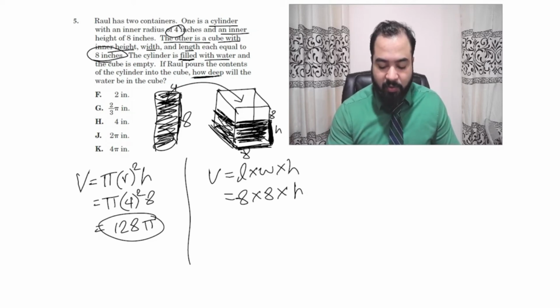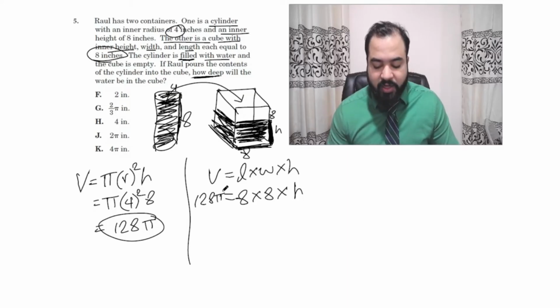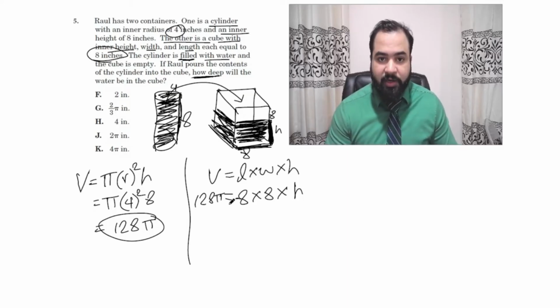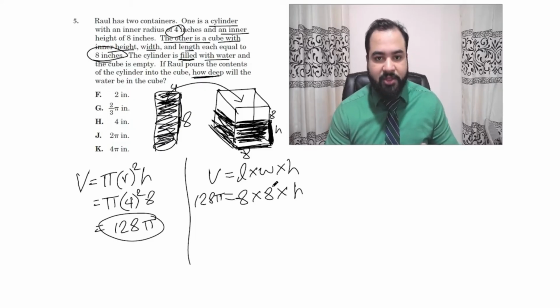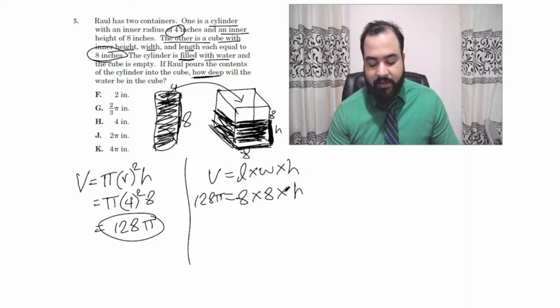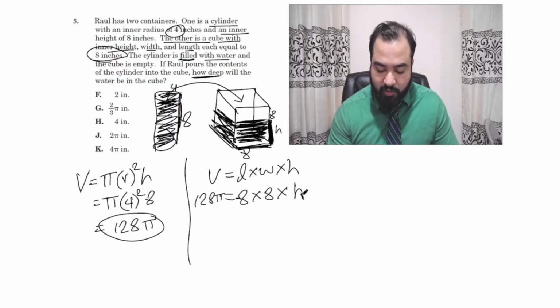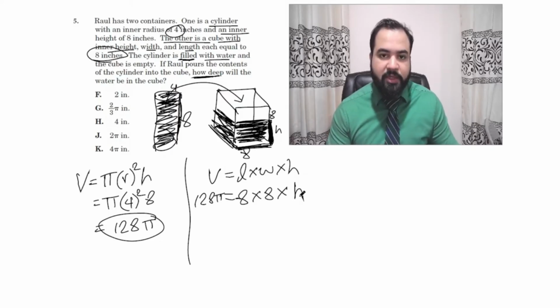The volume of the water inside of this cube is 128 pi. So as you can see, we set up the formulas. The volume of the water, 128 pi, is equal to length times width times the height. Length and width did not change. The height is the new height, which is unknown, so we assumed it's h.